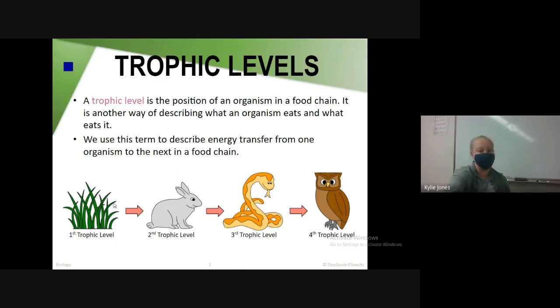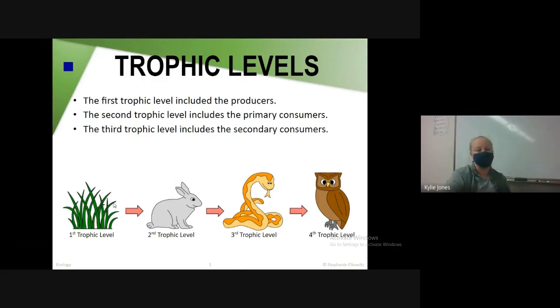Alrighty, our next slide. More about trophic levels. The first trophic level includes the producers, so the plants. The first trophic level is typically always plants, the producers. The second trophic level will include the primary consumers, which are typically herbivores, yeah, they're all herbivores.